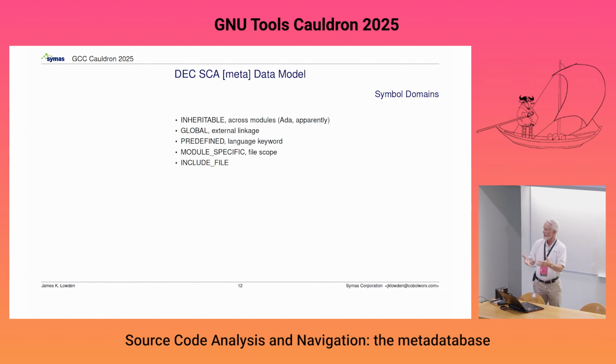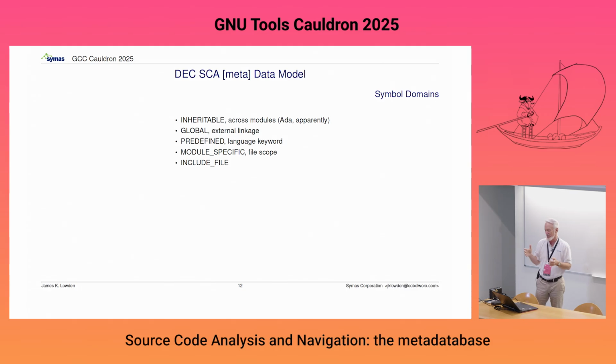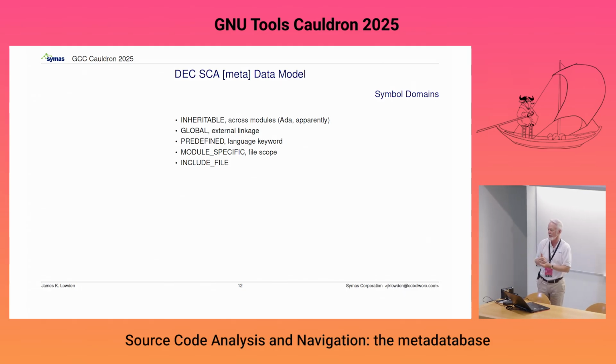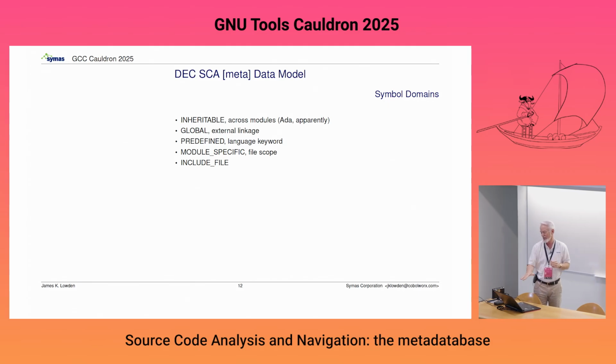But it has all sorts of interesting features I found. Like, I don't know what inheritable is, but apparently it's something Ada wants. It deals with the fact that the thing is an include file or coming from an include file. It has this notion of being module specific, which is what we call static or file scope in C++.